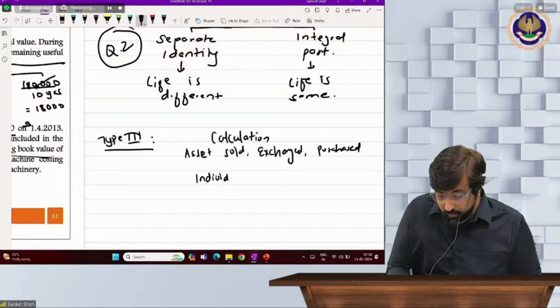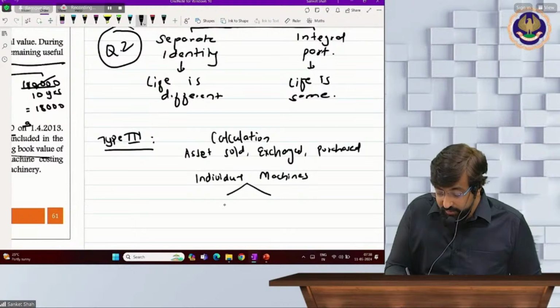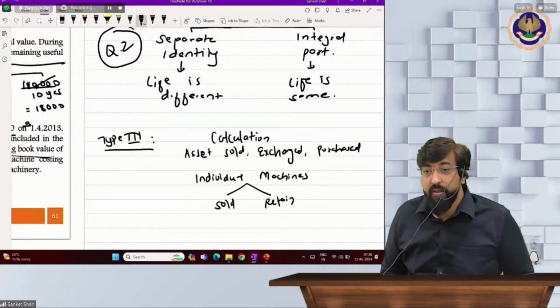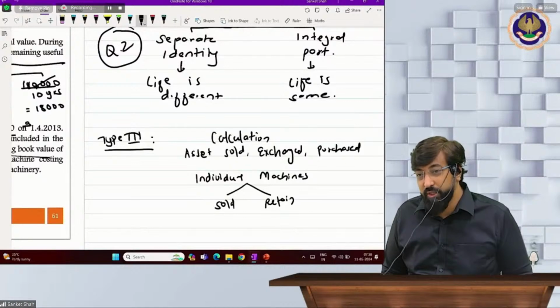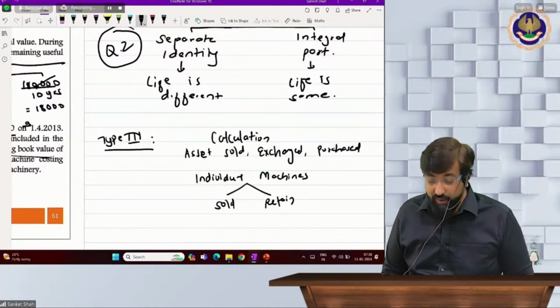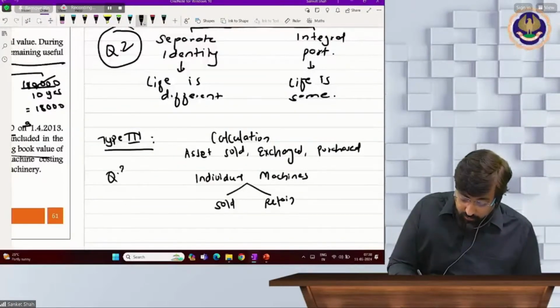Individual machines, and within them also 2 parts, sold and retained. So this is how you are going to solve this question. Very simple. Type number 3, question number 3.